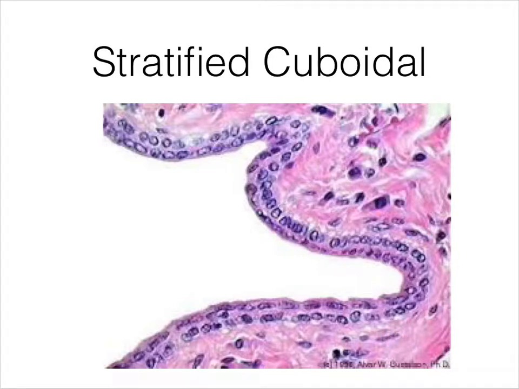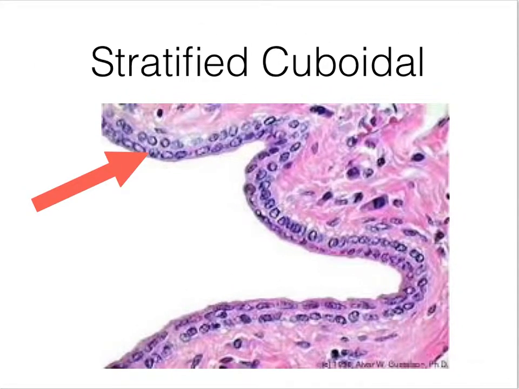So if we have an arrow that's pointing there, that would be stratified cuboidal. If we have an arrow that is pointing in there, it looks to me like dense irregular connective tissue. We'll get to that in a second.